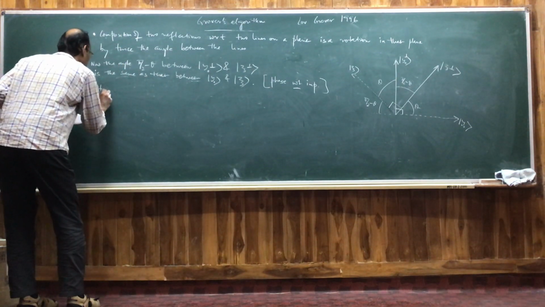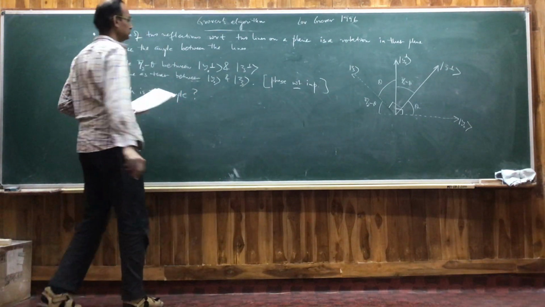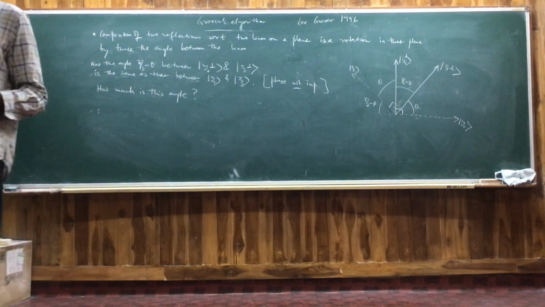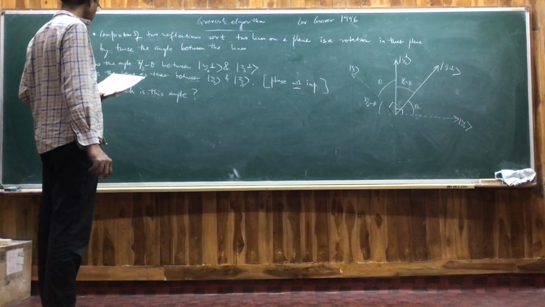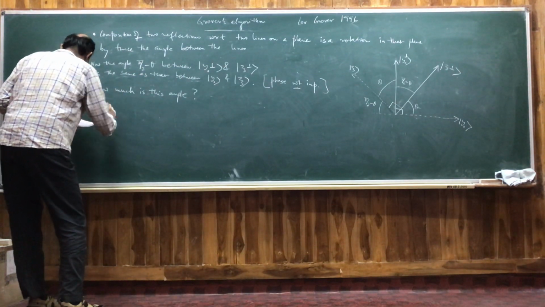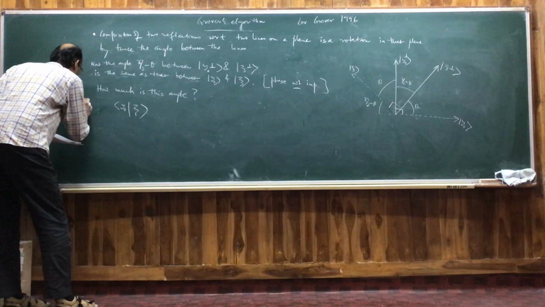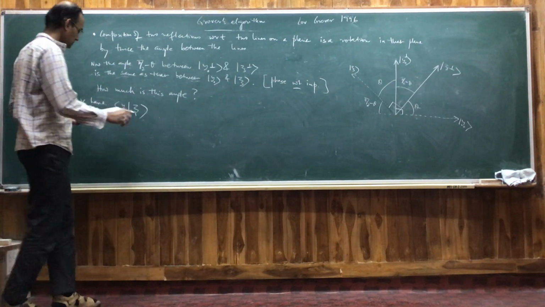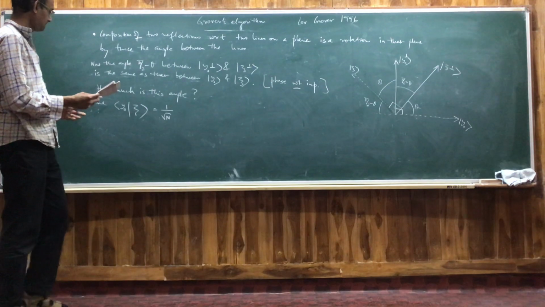We want to ask how much is that angle? This y naught xi is 1 over root n. Yes.